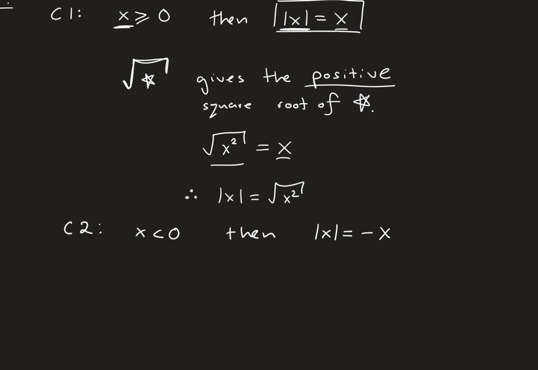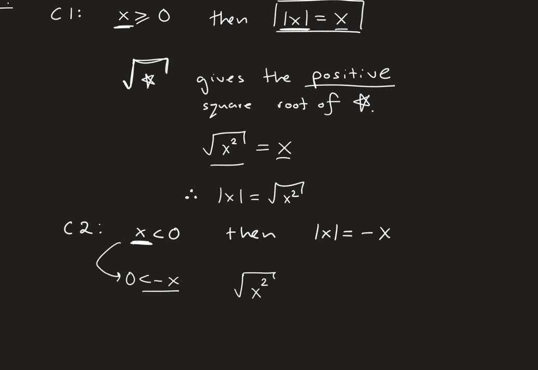Now, this is actually the same thing. The square root of x squared gives us back the positive square root, but x is not positive, x is negative. So this implies that 0 is less than negative x, and that's going to be our positive.